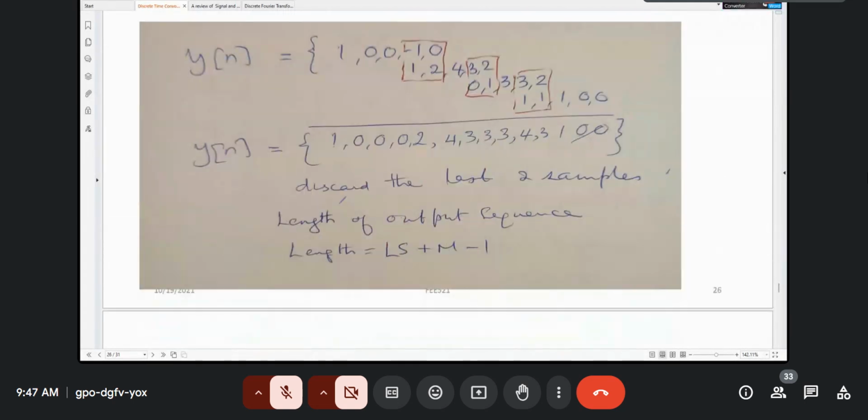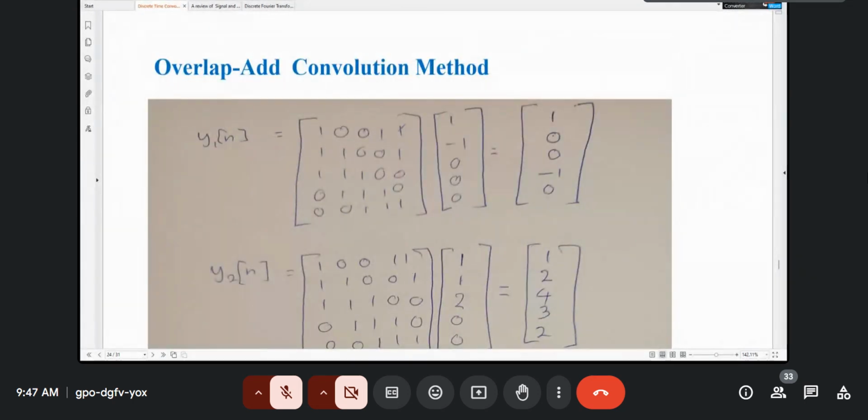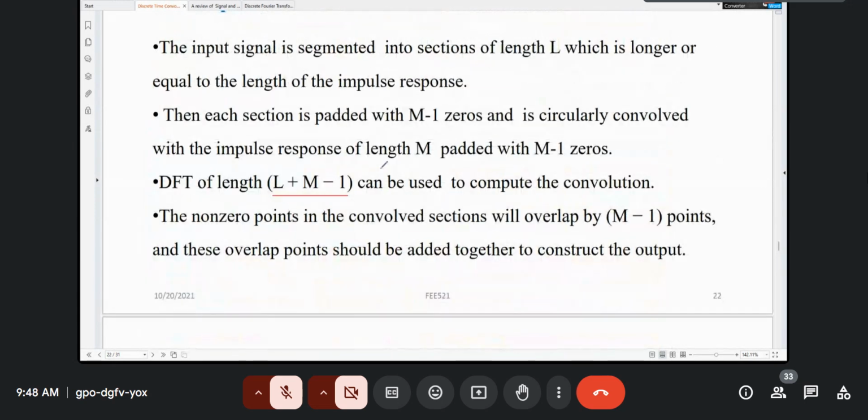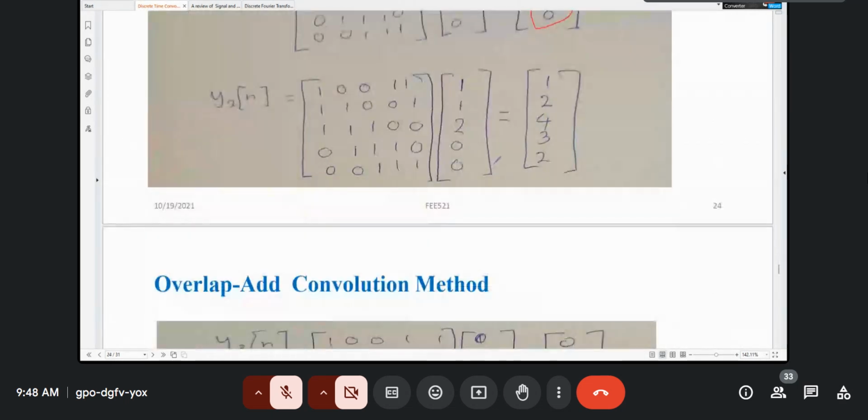So that gives us that. When you multiply that, y2, the second part of the sequence, gives us that.